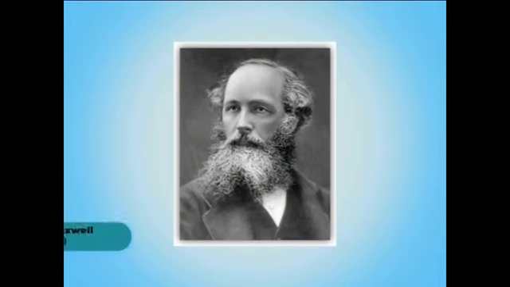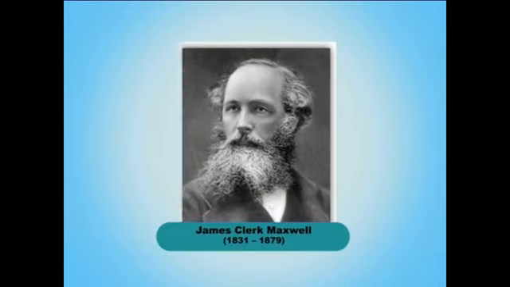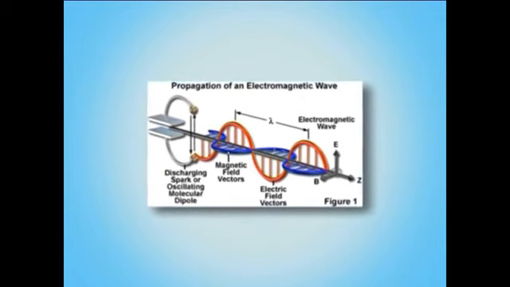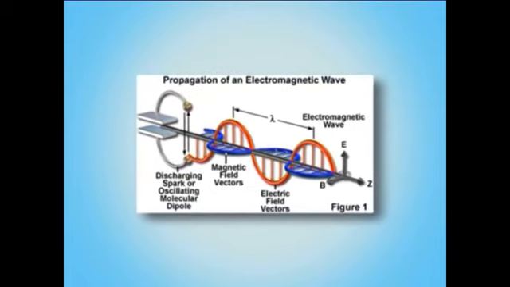In 1864, James Clerk Maxwell saw mathematically that electromagnetic waves could propagate through free space.